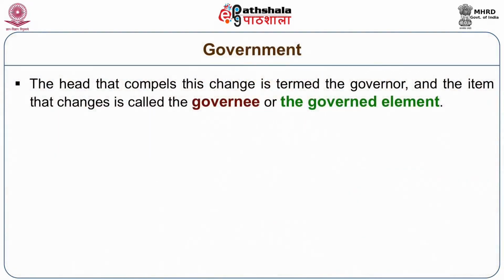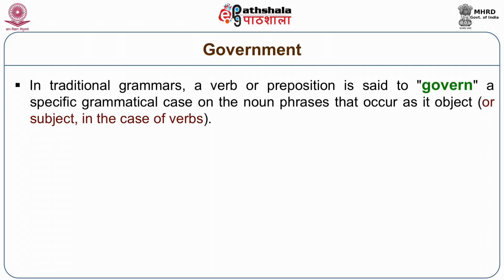And traditional understandings define this in terms of case government, when the head of a phrase forces the argument to change its shape because of the contextual relation of government. In traditional grammars, a verb or a preposition is said to govern a specific grammatical case on the noun phrases that co-occur as its object or subject.